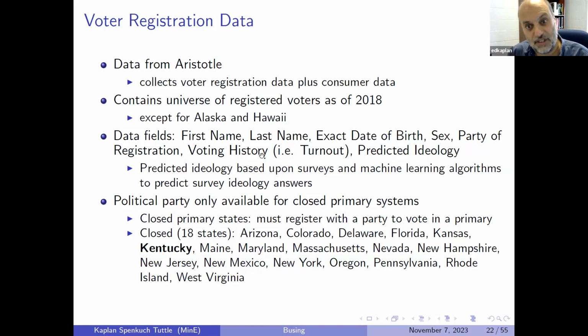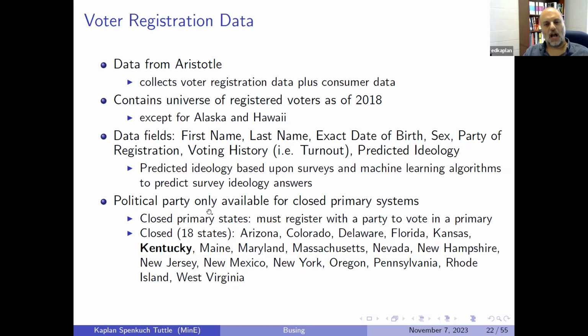It contains the universe of registered voters as of 2018, except for Alaska and Hawaii. We are going to take from this the first name, the last name, the exact date of birth, sex, party registration, voting history, and predicted ideology, where the predicted ideology is based upon some unspecified machine learning algorithm that they refuse to tell us about.